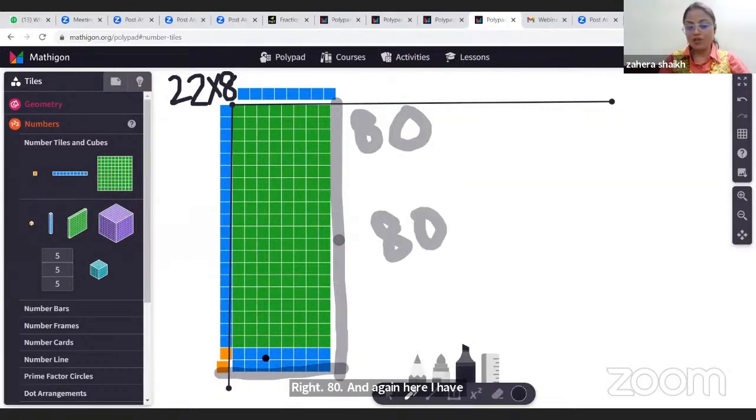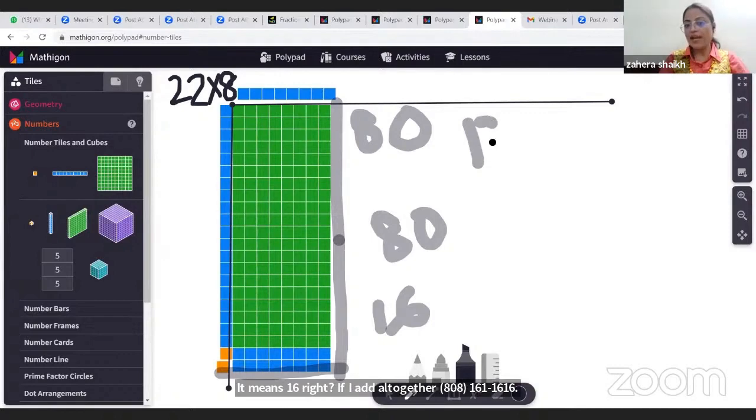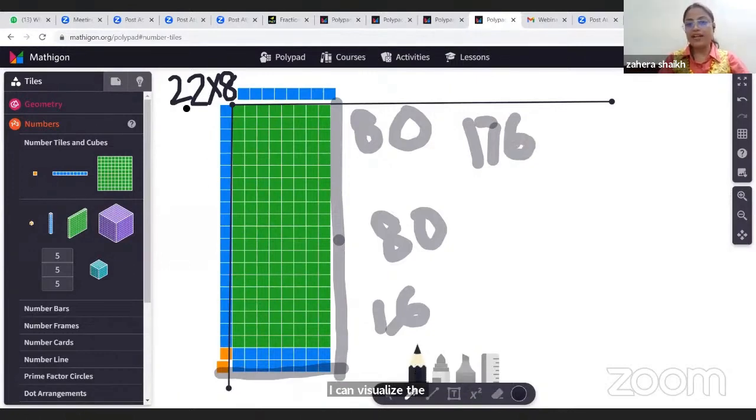And then at the bottom I can see 2 times 8, it means 16. Right? If I add all together, 80, 80, 160, 160 and 16 all together, I have 176. So I can visualize my own work. I can visualize the quantification, the quantity that I have multiplied with, right? I know 22 into 8, but how it's going to look after multiplied with, right?